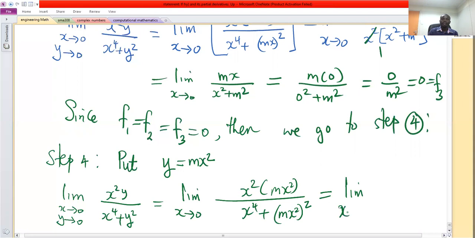So as x approaches 0, x to the power 4 times m divided by x to the power 4 times 1 plus m squared.